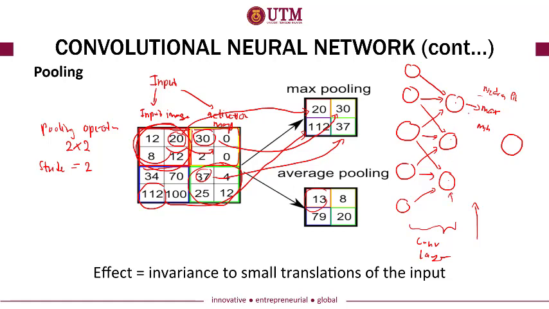After applying a pooling layer, you will see that the one passed to this stage is only this one, while for the others there's no connection here. There's no connection because you cut this network.